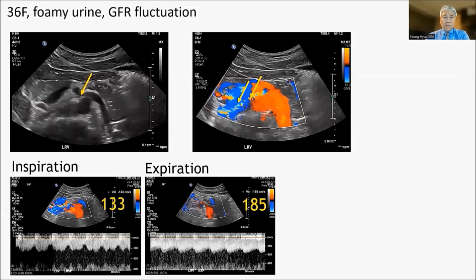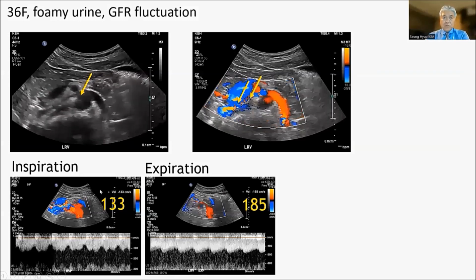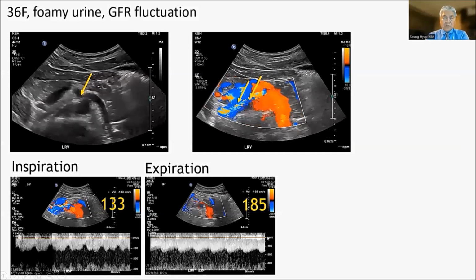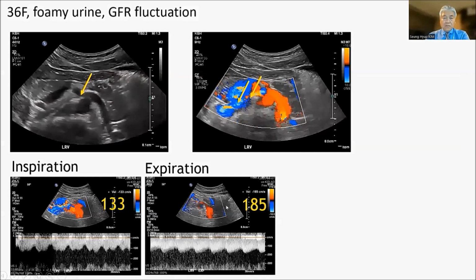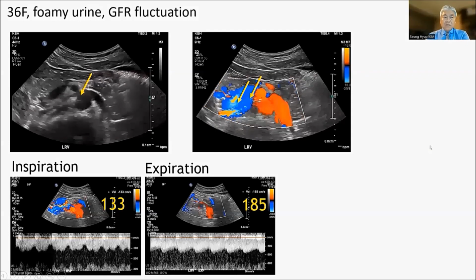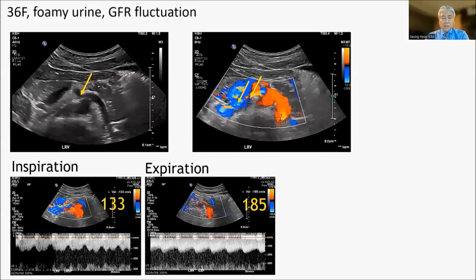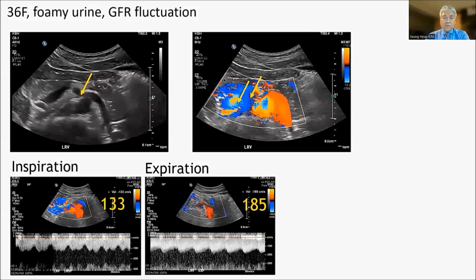These are Doppler spectra obtained with holding respiration in inspiration and expiration with different peak flow velocity, 133 and 185 centimeters per second. Please note that the peak flow velocity in expiration is higher than that in inspiration.